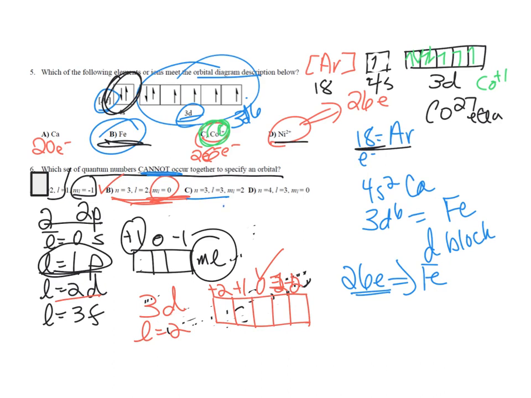Okay, we can't have a 3F. You have to have a 4F. L has to be at least 1 less than the n number.